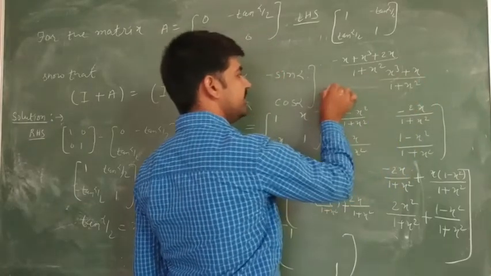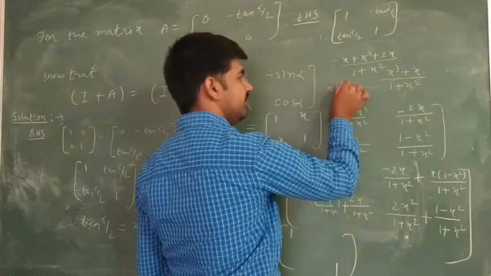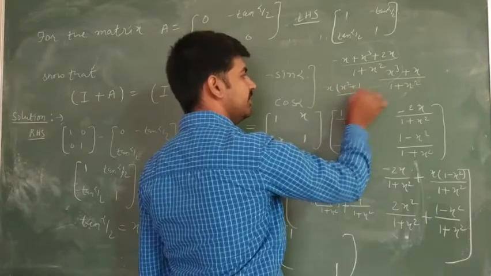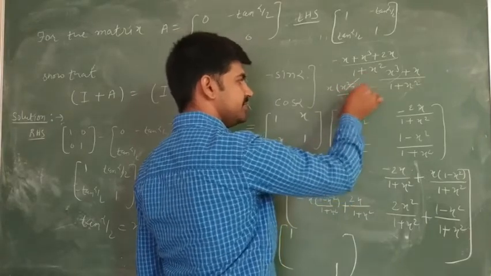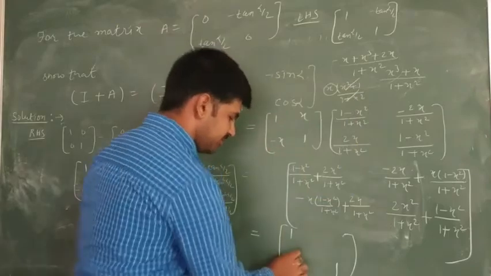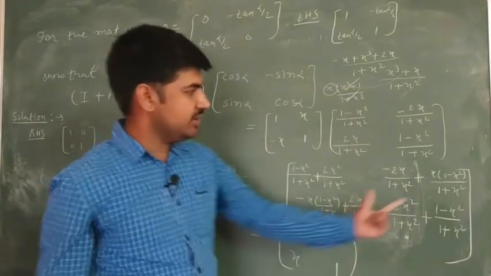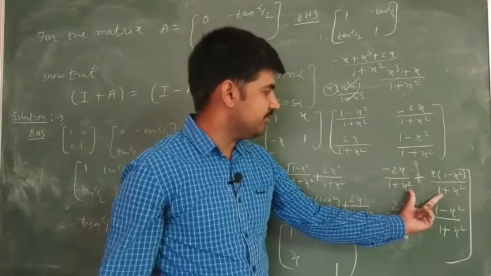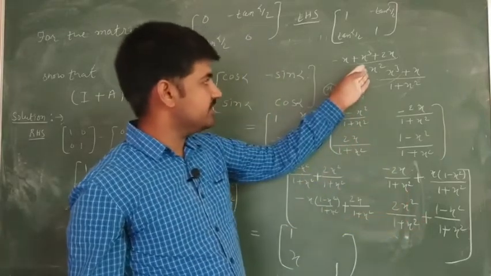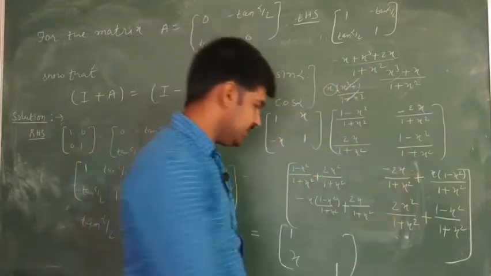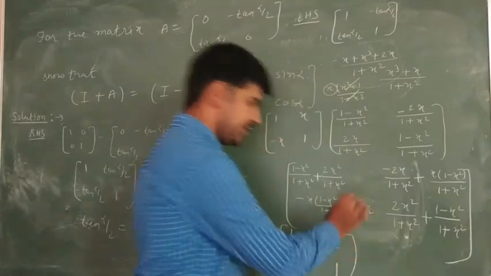Out of this, if we take x common, then here remaining x squared plus 1 over 1 plus x squared, or x squared plus 1, that is cancelled, and x is what is remaining here. So I can write here x. Similarly, when you simplify this particular term, same as I have simplified this, you will be getting this one, and here will also be getting x.